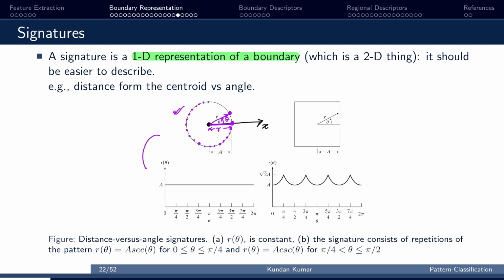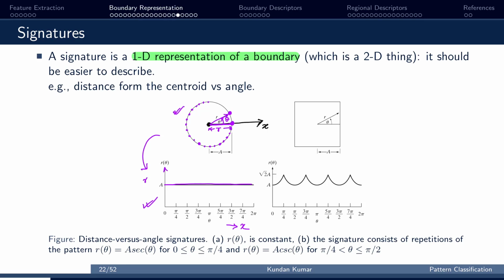So we can draw our signature using this information by taking the angle on the x-axis and the distance of the boundary pixels from the centroid on the y-axis. When we plot the relation between these two parameters, then we will obtain a straight line for the circle, because all the pixels are at equal distance from the centroid.